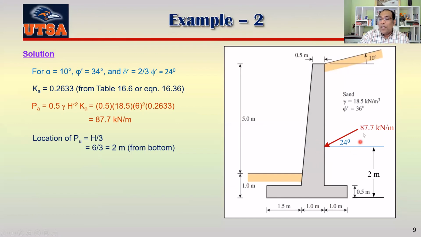So this is 87.7, and this angle is equal to your delta prime, 24 degrees, at a distance of 2 meters from the bottom. Once we know that, we can resolve that force into horizontal and vertical components. You can see our horizontal component is PA cosine alpha.